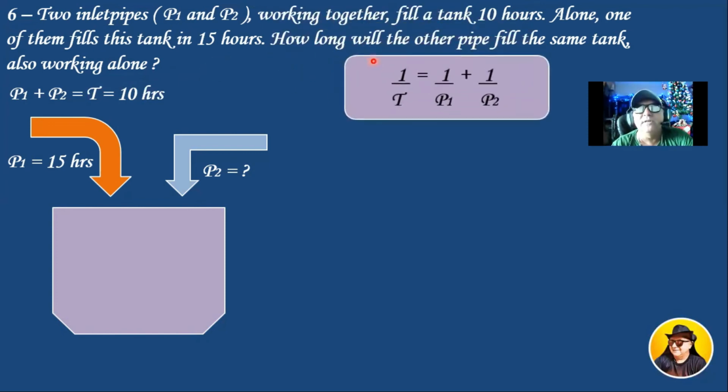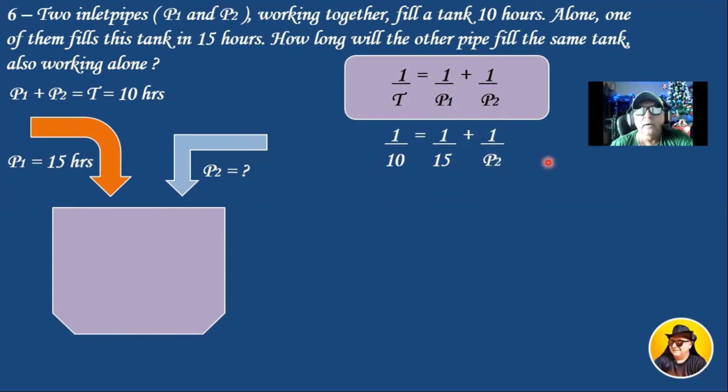See, 1 over T is 1 over pipe 1 plus 1 over pipe 2. This pipe 2 here is the value I want to look for, okay? So T is 10 hours. Let's replace. You see, 1 over 10 is 1 over 15 plus 1 over P2. P2 is the value I want to find, okay?